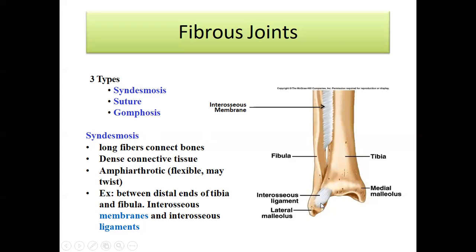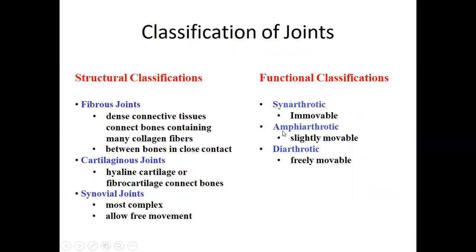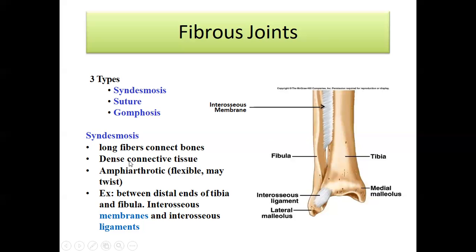You also have this interosseous ligament that is a syndesmosis. So these are made up of these dense connective tissues. They are amphiarthrotic. Go back, we see that amphiarthrotic are slightly movable. So in these syndesmoses, you have some movement of the bones, but not a whole lot.